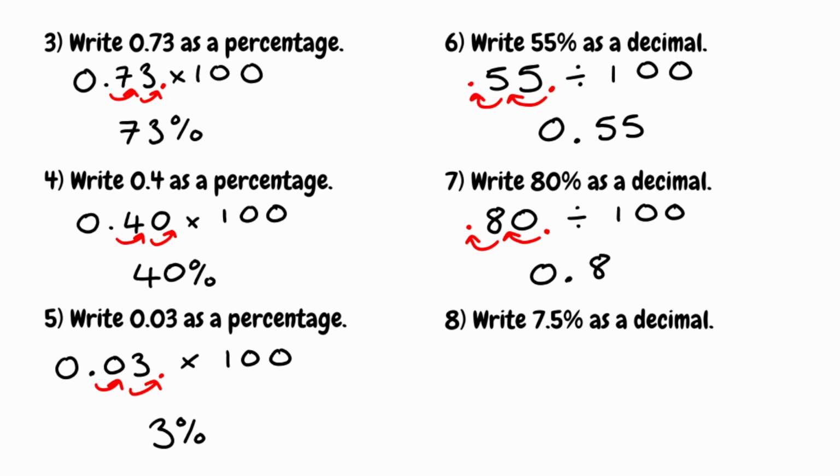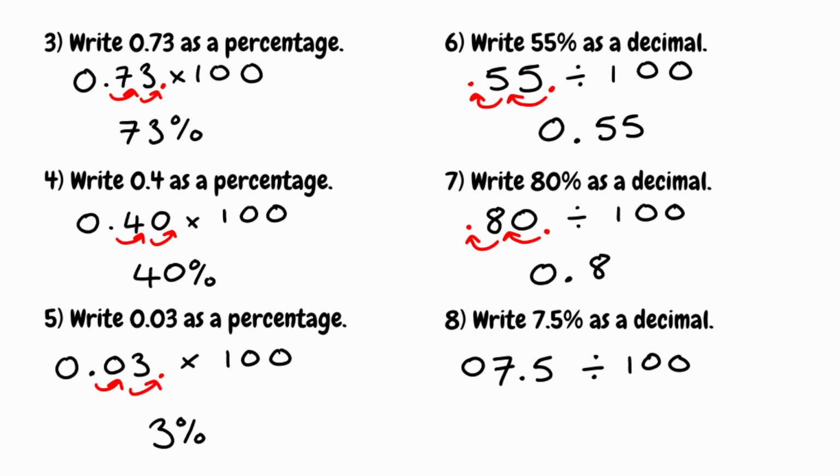Okay, and finally we want to convert 7.5% to a decimal. So again, from a percentage to a decimal, we know we need to divide by 100. So we know this number is going to get smaller, and because we're dividing by 100, that means we're moving the digits 2 times to the right. So we can see at the minute we only have one digit in front of the decimal point, which is our 7. So all I'm going to do is put a placeholder in front of that 7, so we would just have a 0 here.